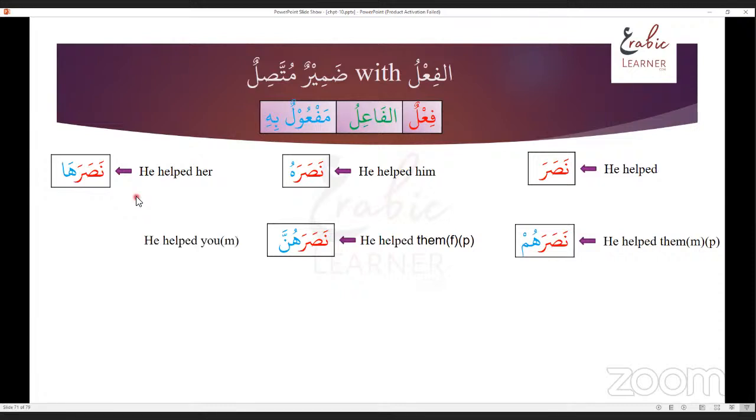He helped you, masculine. No, no, no, don't get mixed up. Nasarka, that is wrong. Why is it wrong? Kaf is not a damir muttasil, sister. Remember that. It will be Nasarak. Kaf is, yes, that is true.